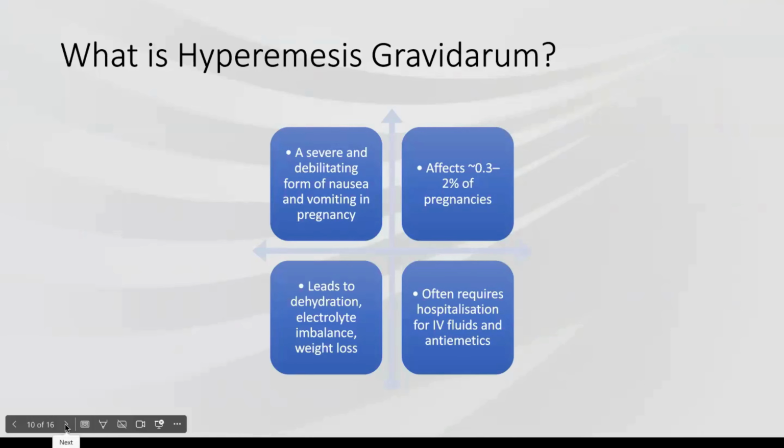It's basically a severe and debilitating form of nausea and vomiting in early pregnancy. It affects 0.3 to 2% of pregnancies, leads to dehydration, electrolyte imbalance, and weight loss. Sometimes it requires hospitalizations for IV fluids and antiemetics.